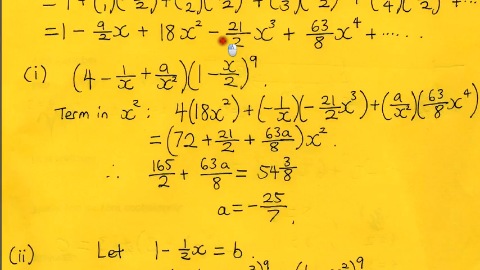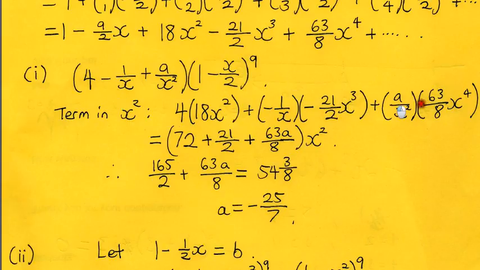x squared. So looking at (1 - x/2) to the power of 9, we simply pick up the term 18x squared, because when 18x squared is multiplied by 4, it will give us a term in x squared. -21/2 x cubed, when you multiply by -1/x, will also give you a term in x squared.